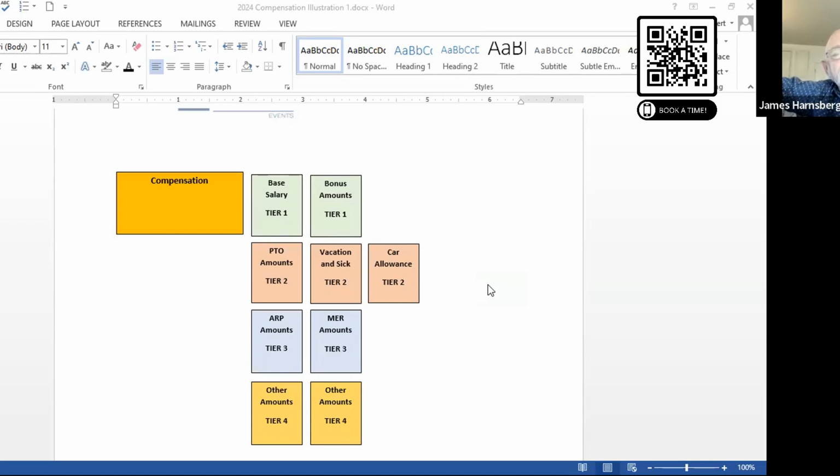All right. Well, once the numbers are defined as to what the economic need is, we're going to take half of that, 50% of that, and we're going to divide it into the tier 1 and tier 2 compensation buckets. These are amounts that are going to be fully taxable for tax purposes.